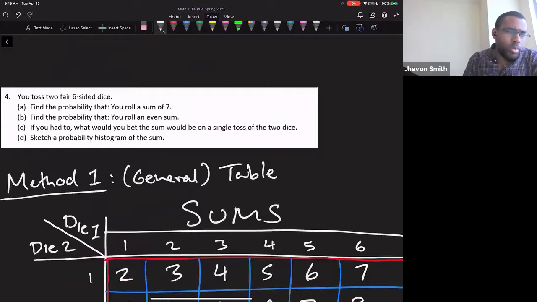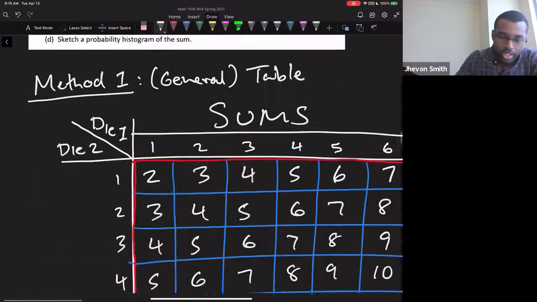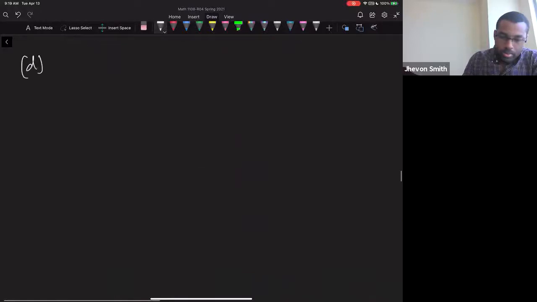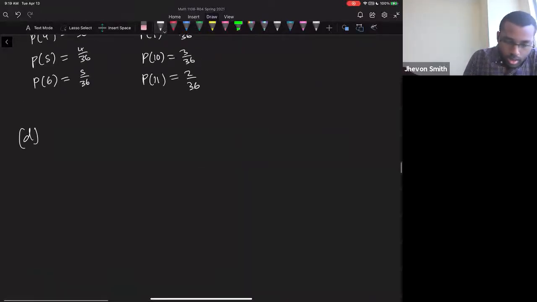Probably a histogram. Hopefully you remember what a histogram is. This is just going to be a diagram where you can see where the probability is being concentrated. So you can talk about probability.